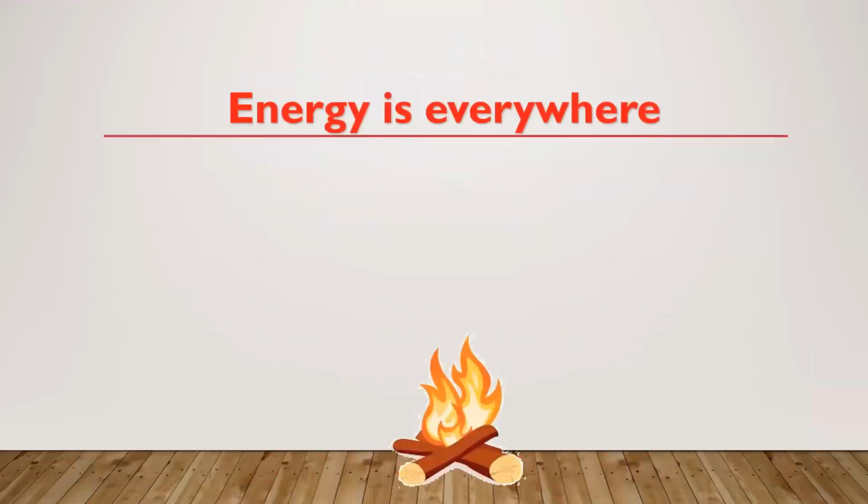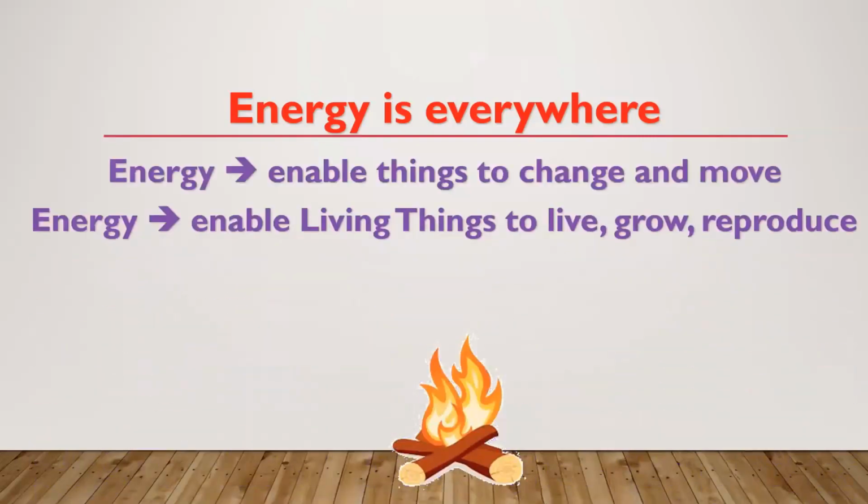So, what is energy? Energy is everywhere around us. To enable things to change and move, energy is needed. Living things such as animals and plants need energy to live, grow, and reproduce.